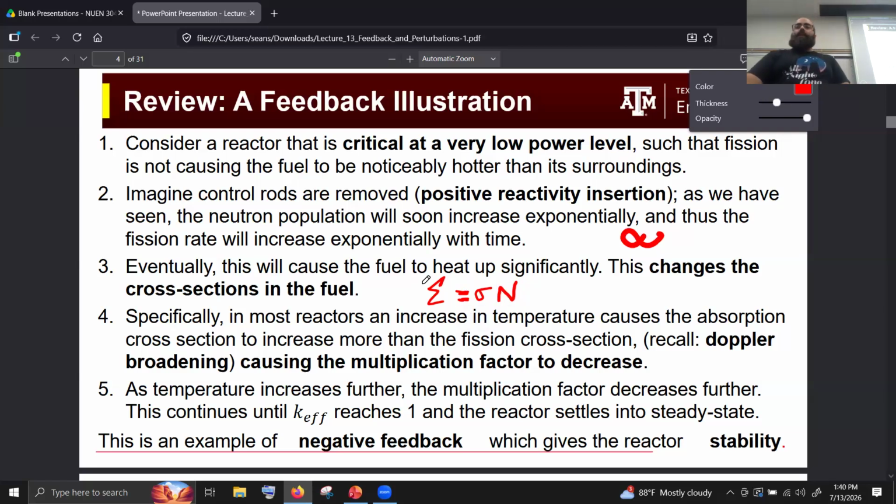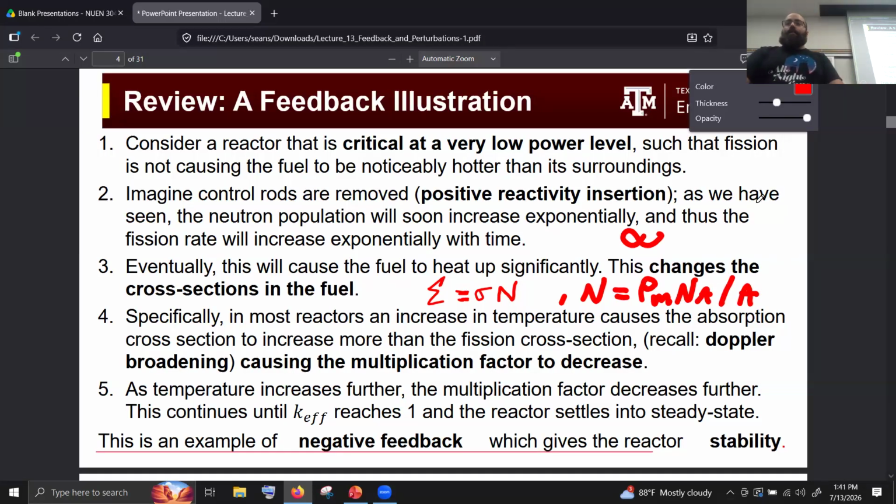And so your microscopic cross section gets influenced by Doppler broadening. If you heat up your fuel, that's going to shift your energy spectrum to the right, at least in the thermal region. It's also going to cause Doppler broadening in the resonance region. So increasing your temperature impacts the micro cross section through those phenomena. It also affects the number density, because if you recall, the number density is the mass density rho times Avogadro's number divided by the atomic mass.